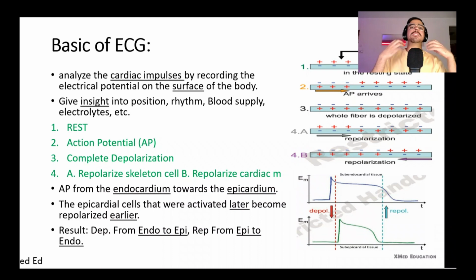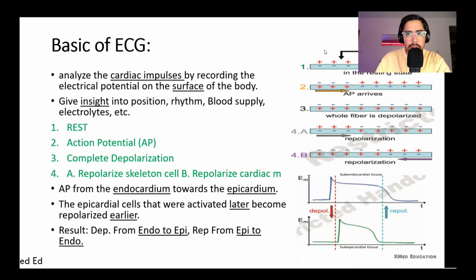So we put some stuff on our skin and we can detect where the heart is, what the rhythm of the heart is, how the blood supply of the heart is, and what the electrolytes are. That's pretty impressive. Just imagine, with something non-invasive and very cheap we can get this much information from our heart, which is inside, and without ECG we would have no idea how it works.